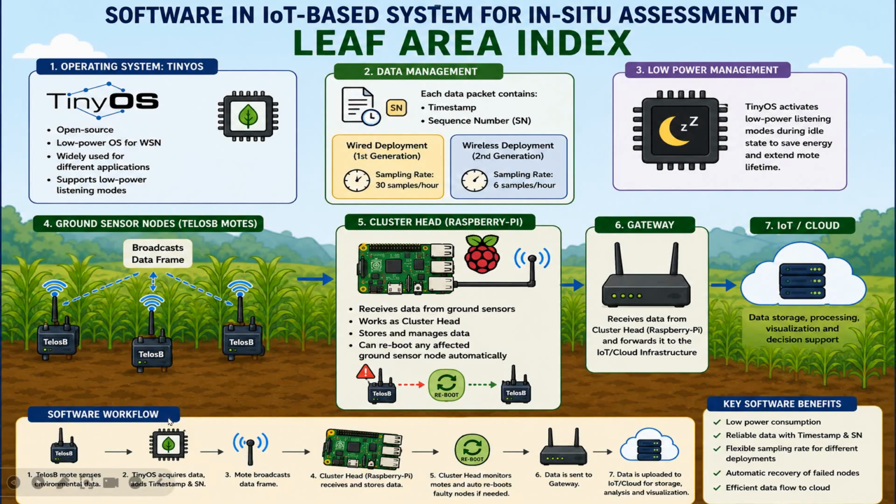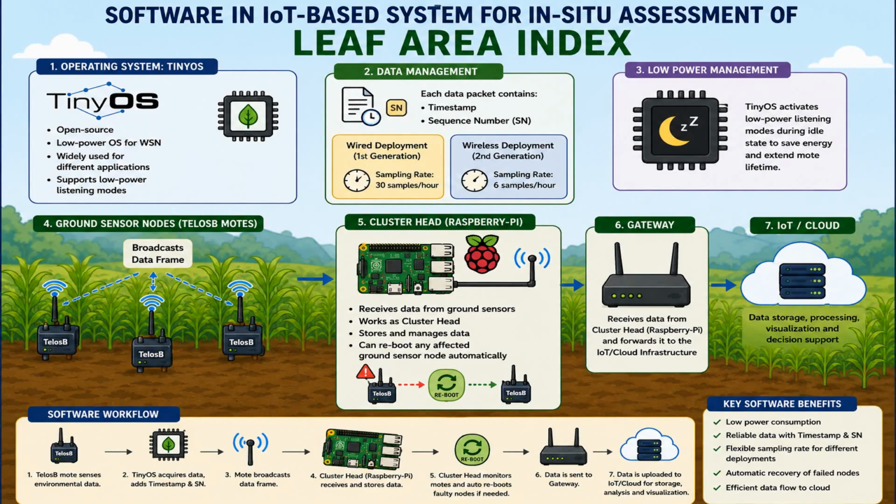The ground sensor nodes continuously monitor the environmental conditions and broadcast the data frames, and these transmissions are received by the Raspberry Pi, which acts as a cluster head here. The Raspberry Pi performs multiple functions including collecting the data from the sensor nodes, storing information temporarily, and managing communication and monitoring the health of the sensor nodes.